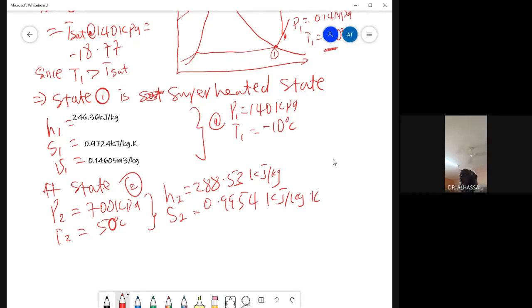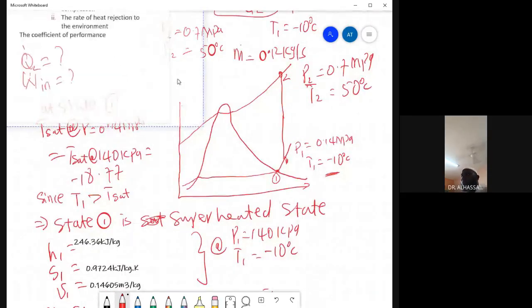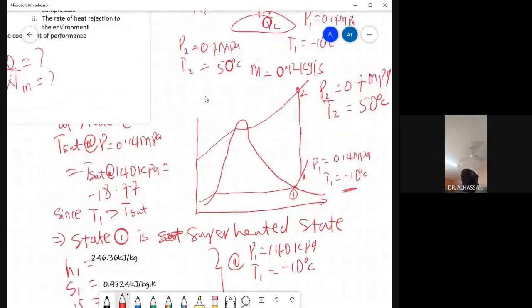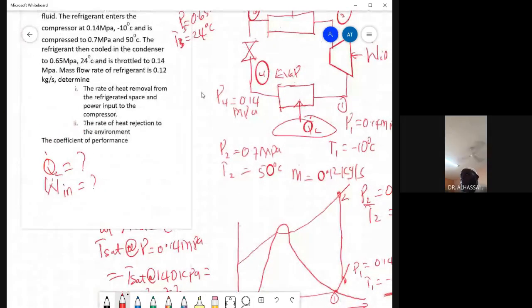Quickly, the question goes on to say that the refrigerant is then cooled in the condenser to 0.65 megapascal and 24 degrees Celsius.